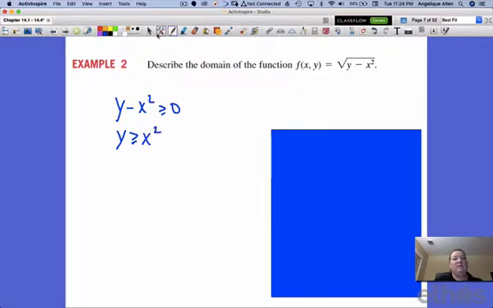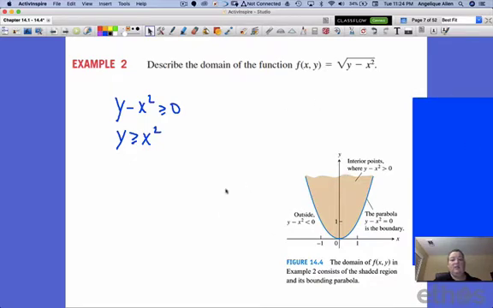All right, let's explore what they said about this in their answer. They drew a picture to describe this. They took this greater than or equal to sign apart, and they talked about it being just equal to 0, which is the boundary, and greater than 0, which is the interior. So the interior of the parabola in the xy plane is the domain for this function.